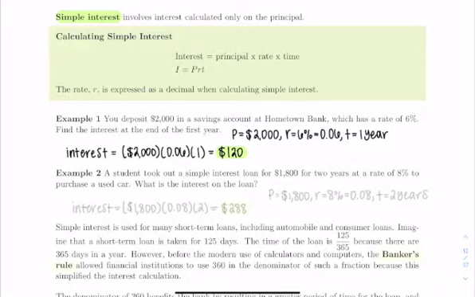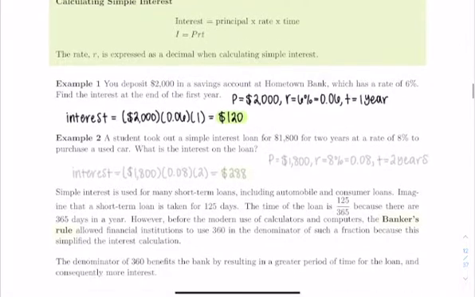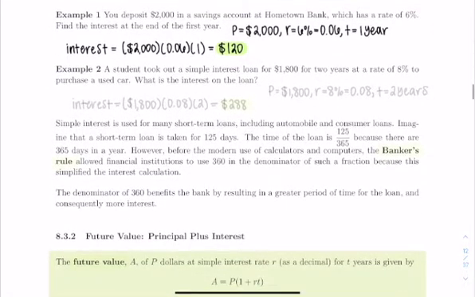A student took out a simple interest loan for $1,800 for 2 years at a rate of 8% to purchase a used car. What is the interest on the loan? So my principal is how much the student took out for the loan, which is $1,800. It was at an 8% rate, or 0.08, and my time is 2 years.